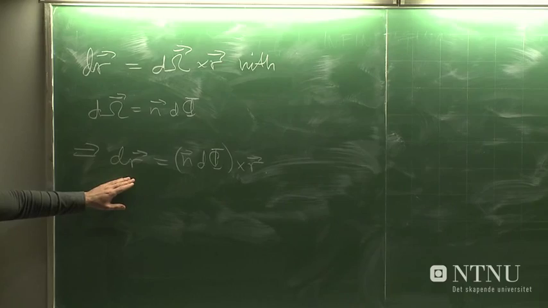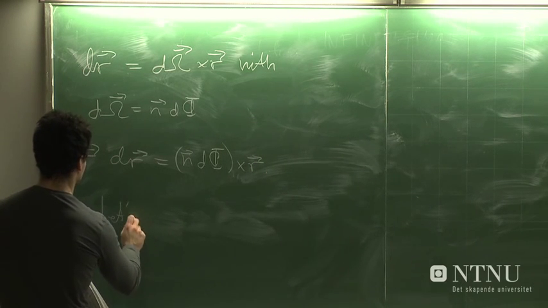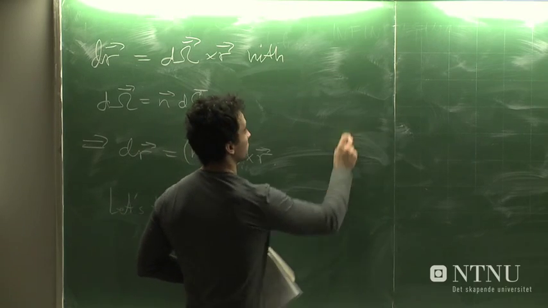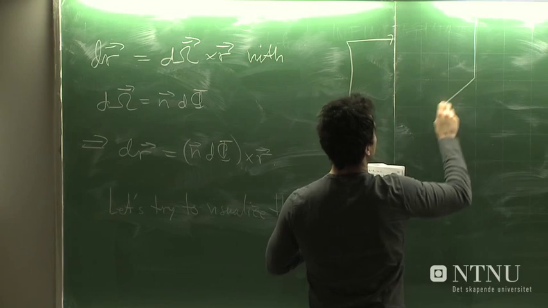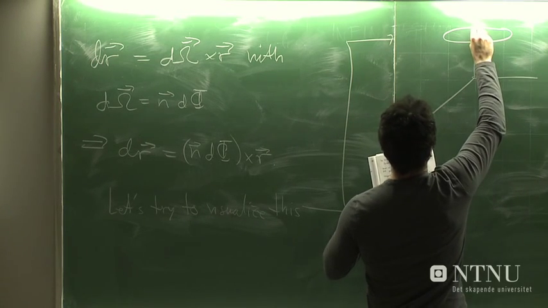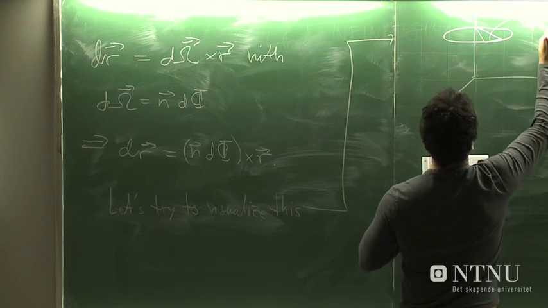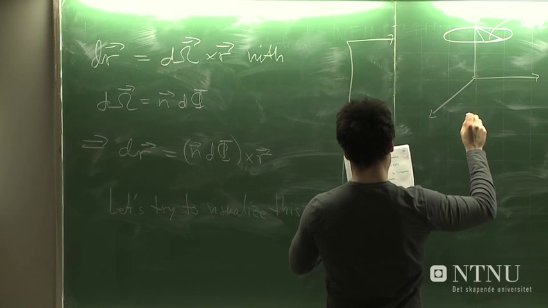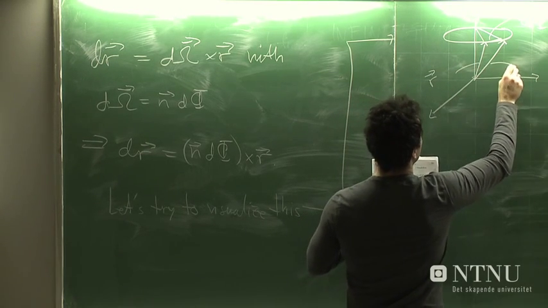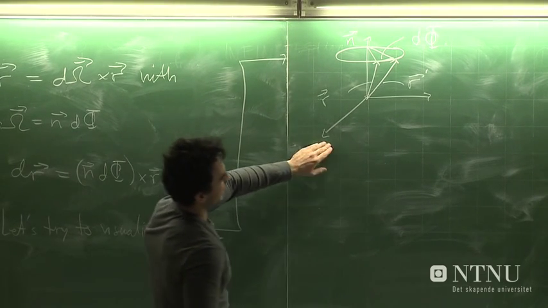Now, there's a pretty neat way to actually visualize this to see how it corresponds to an infinitesimal rotation. So imagine we have a coordinate system here, x, y, z, for instance.